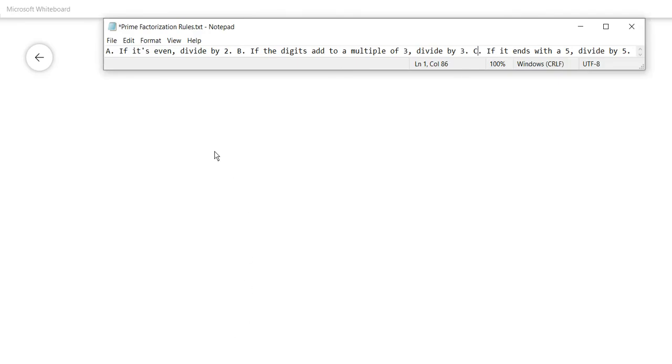And keep these rules in your mind. If it's even, divide by 2, and especially letter B, if the digits add to a multiple of 3, divide by 3, because that'll help you in places other than prime factorization. But anyway, I was just seeing how much space it took up, because I'm going to add subtractions.